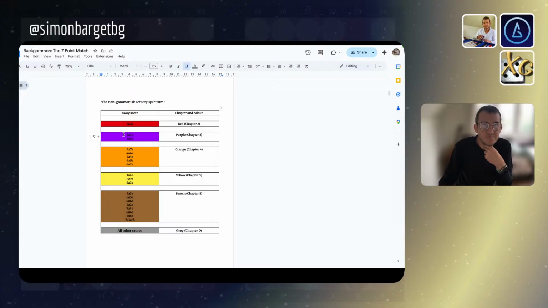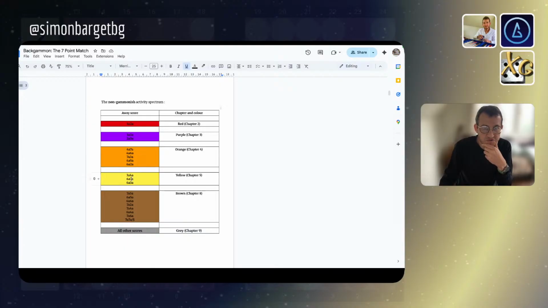So if we are being doubled at 3 away, 3 away, as opposed to 3 away, 2 away, then what that color coding tells us is that it's a little less dangerous to be doubled at 3 away, 3 away than it is at 3 away, 2 away. And as you go down the color bandings, the activity level decreases gradually.